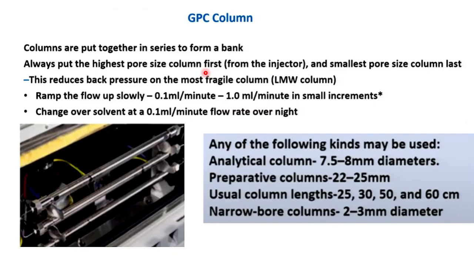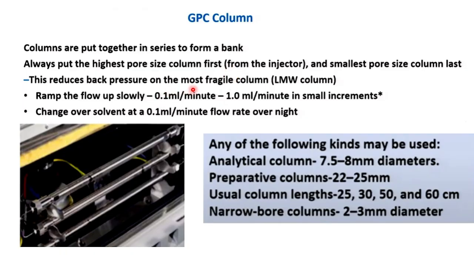Now, if the pore size of the column placed first is very small, the back pressure will be very high. That actually delays your total separation process. So that's why you should put the larger pore size column first and then the smallest pore size column.